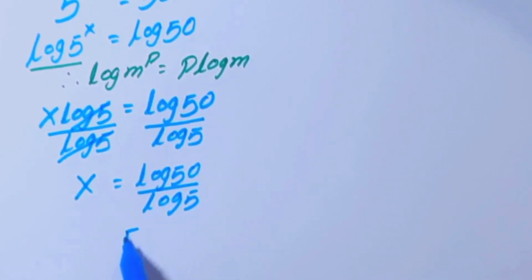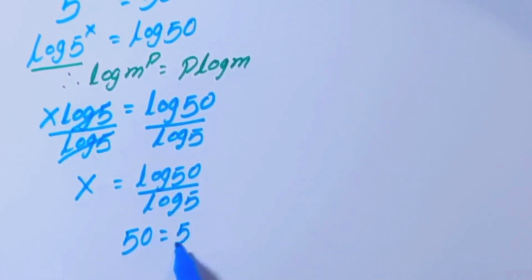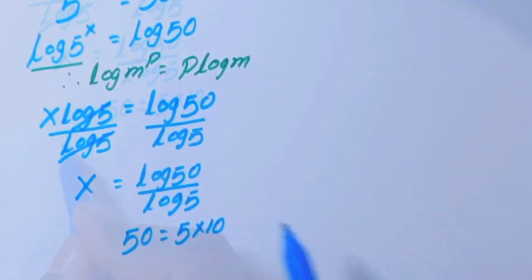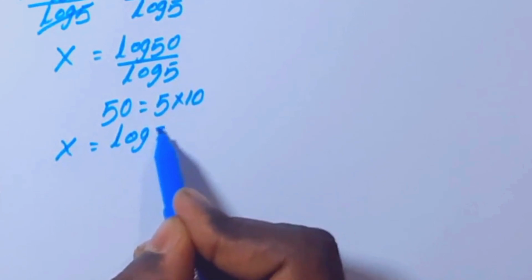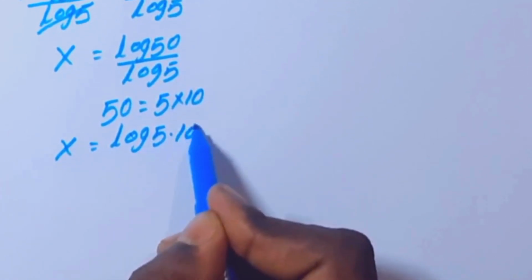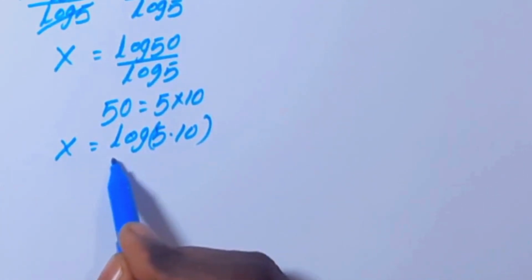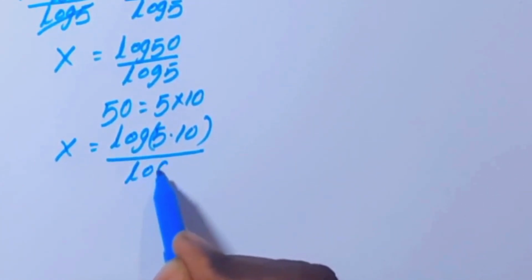This 50 can be written as 50 equal to 5 times 10. x equal to log of 5 times 10 by log 5.